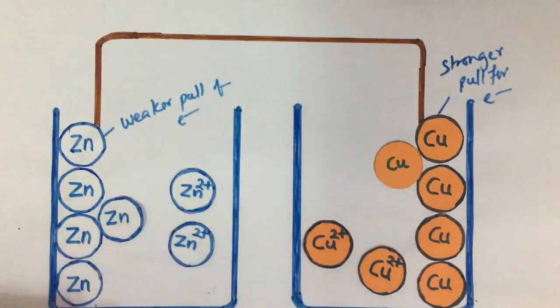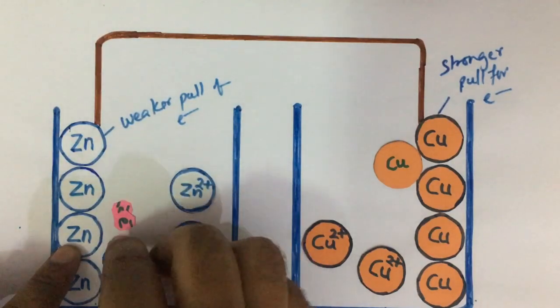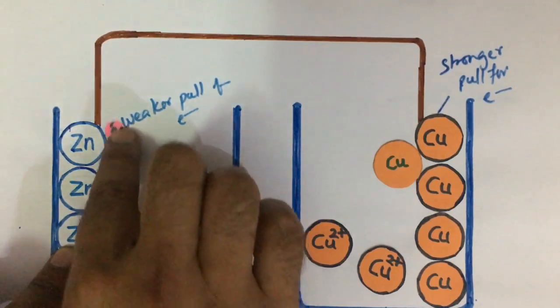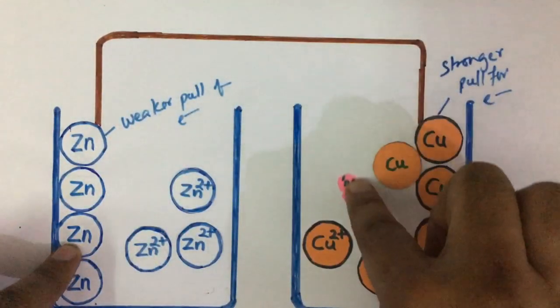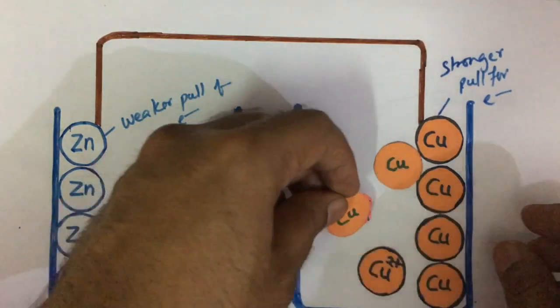So this process continues. The zinc will lose 2 electrons and form zinc 2 positive ion, and the 2 electrons will move through the external circuit and be taken up by the copper 2 positive ion, and copper gets deposited.